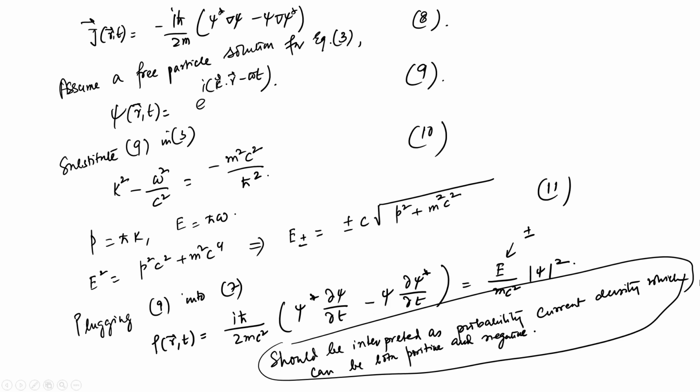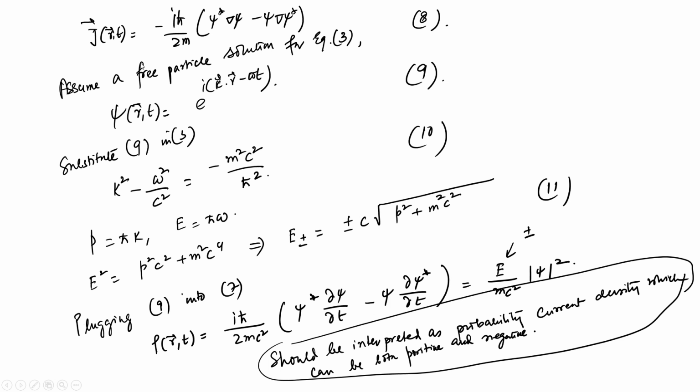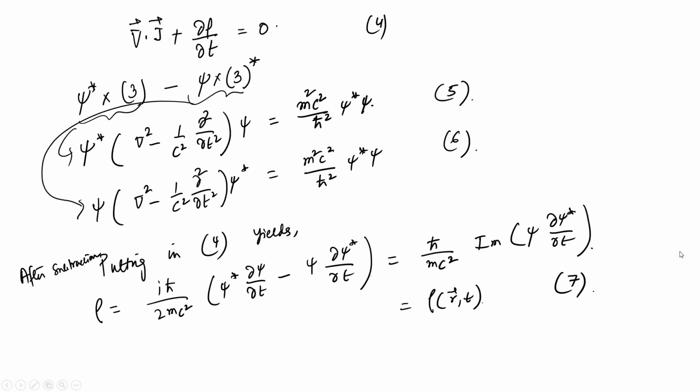Okay. So, this rho r t can be written as, just putting the values of that, we have, so this is equation set 12, and this can be written as rho r t is equal to plus minus c and p square plus m square c square divided by m c square and mod psi square.